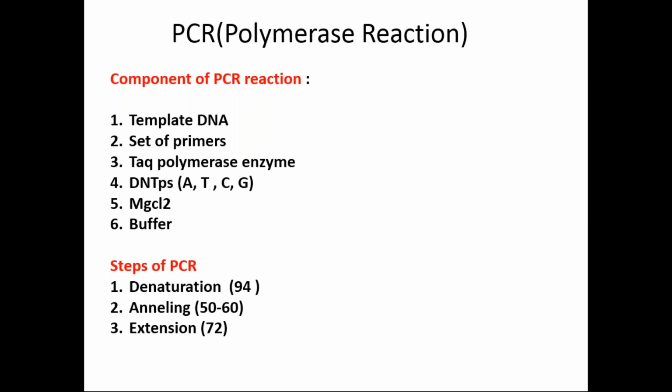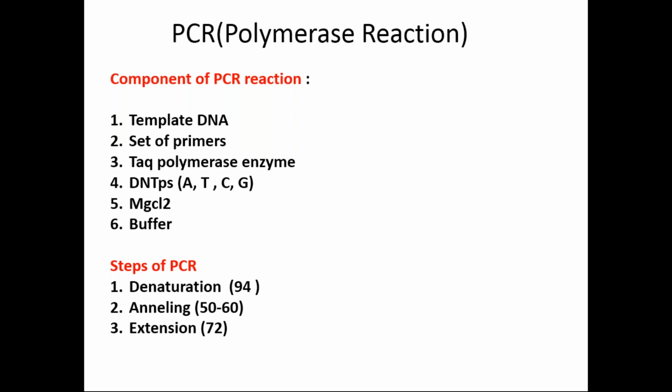The MgCl2 is required for the Taq DNA polymerase enzyme, because this enzyme is a metalloenzyme. So this enzyme catalyzes the reaction only in the presence of MgCl2, or in the presence of a metal ion. And the buffer provides the suitable environment to catalyze the reaction.